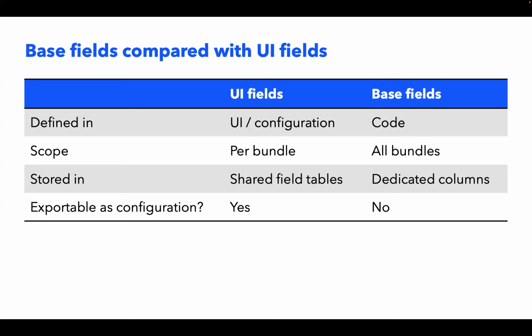Whereas with base fields, by default, if you're only dealing with a single value, it is stored in a dedicated column within the entity's data table, and I'll show that more in a bit. And then, as mentioned, UI fields you export as configuration. With base fields, you do not; they live entirely in code.